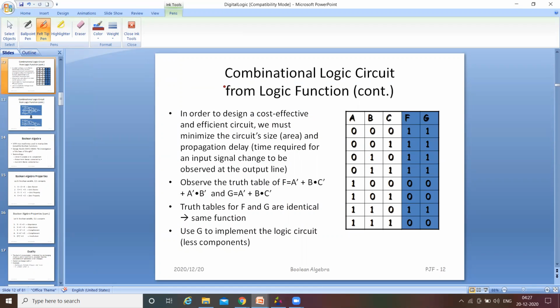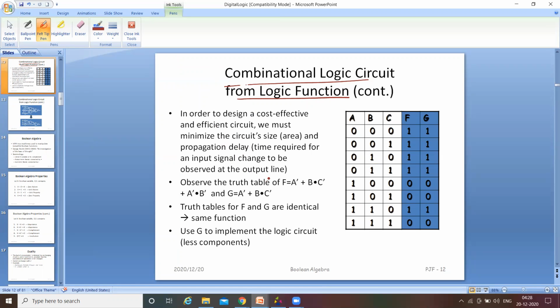Now here, combinational logic circuit from a logic function. In order to design a cost-effective and efficient circuit, we must minimize the circuit size and propagation delay, the time required for the input signal change to be observed at the output.